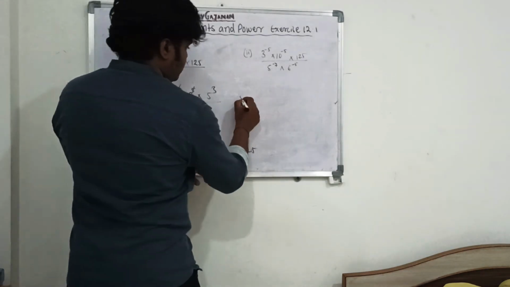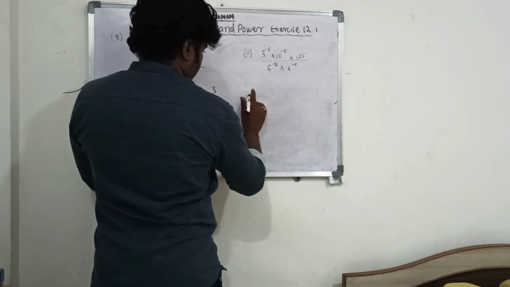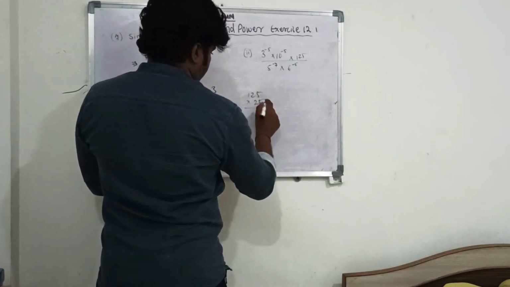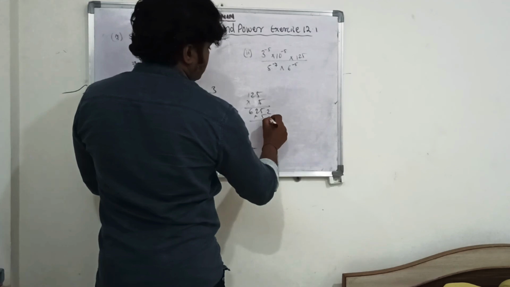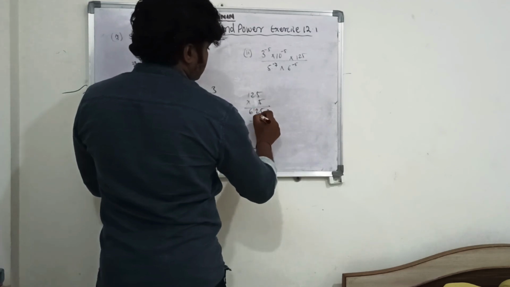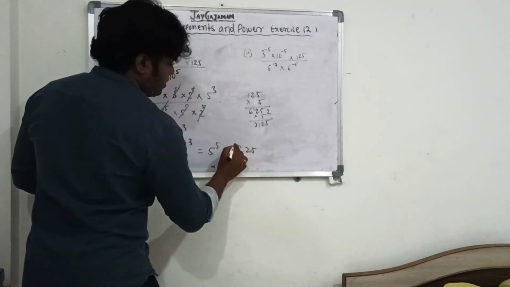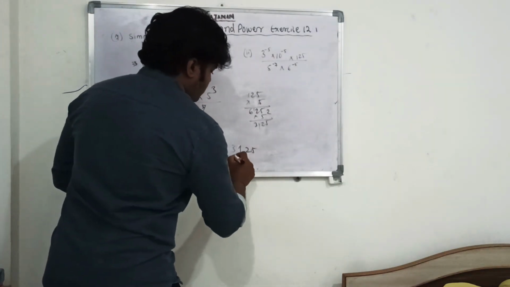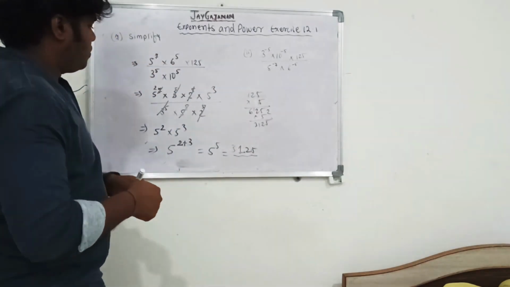We'll just calculate this. 5 into 5 into 5, that's 125. 125 multiplied by 5 is 625. 625 into 5 is 3125, sorry, 3125. So this will be the perfect answer for your particular question.